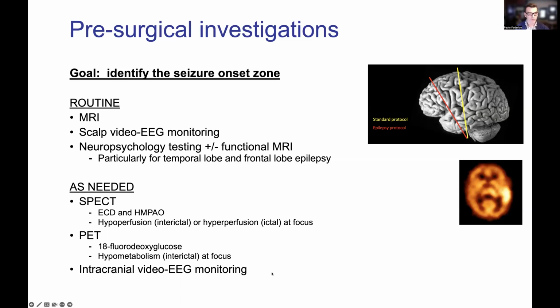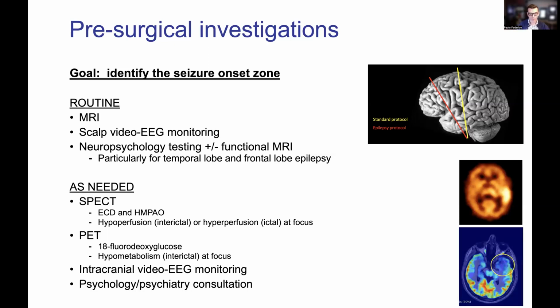And in some patients, if the scalp EEG recordings of seizures do not prove to be informative, they can undergo intracranial video EEG monitoring, where we can get more precise recordings of the interictal and ictal activity, either using subdural strip or grid electrodes, but more commonly now most centers use depth electrodes. Oh, and here's an image of a PET scan showing hypometabolism in the left temporal lobe of a patient.